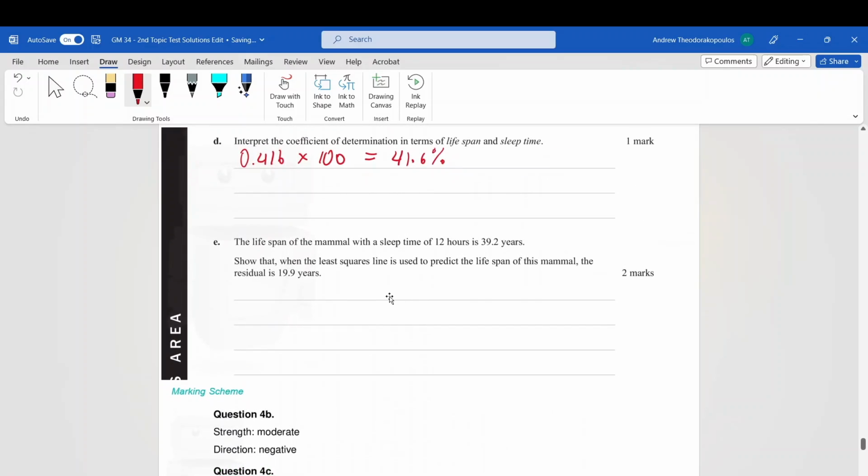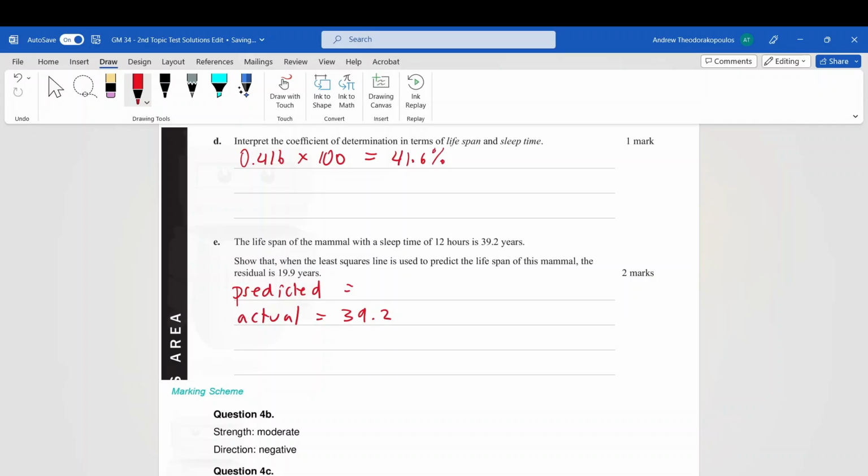Last question for this one would be residual. The lifespan of a mammal with a sleep time of 12 hours is 39.2 years. Show that when the least squares line is used to predict, the residual is 19.9. All we want to do first is work out the predicted. We already know the actual value, which is 39.2.